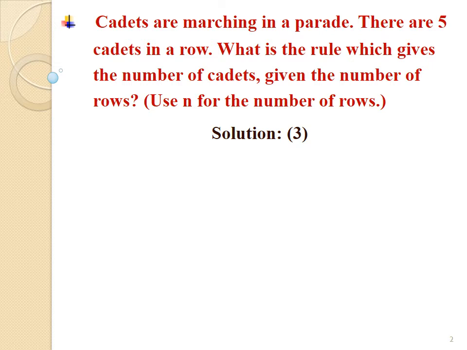Students, let us assume that there are 5 rows. Then we can easily say that there are 25 cadets, or 5 into 5 cadets in 5 rows.